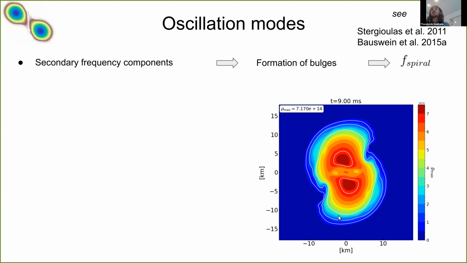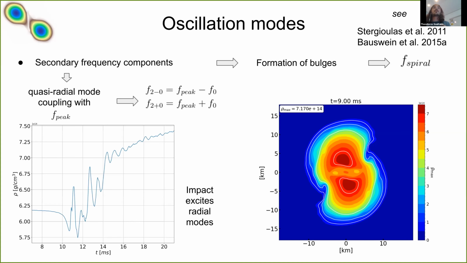These are formed during the tidal deformation of the two stars. The interesting thing is that the two bulges, on this side and this side, have an angular velocity which is smaller than the inner part of the remnant. They carry enough mass and last for a few cycles, a few milliseconds, so they emit gravitational waves, and we can see that in the spectrum.